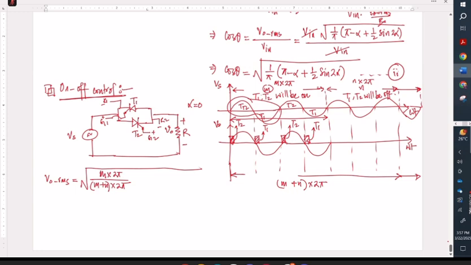Now, if I do the integration, it should be from 0 to pi, then Vm square sine square omega t multiplied by d of omega t.